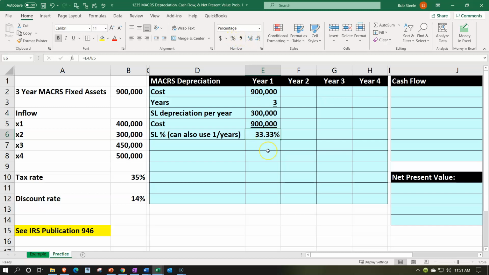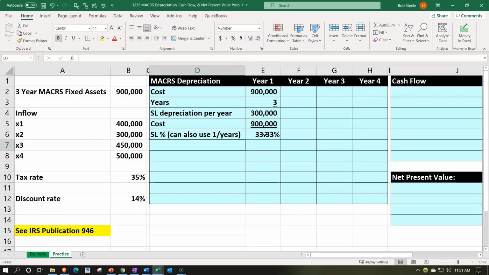It's 33.33 on forever. Now, there's a shortcut to doing that. You could just say this is equal to 1 over the number of years that are in place, which is 3 here. So 1 over 3, 33.33. So that would be the straight line rate.